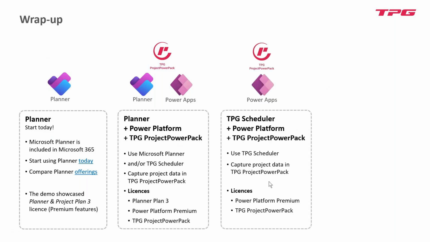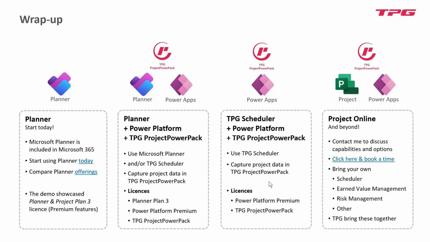Like I said, we've got some customers who just use our TPG scheduler product. So we're going to talk about that in the next webinar and delve a bit more into the Project PowerPack, Power Apps, Power BI. And then if you're using Project Online, exactly the same. You can continue to use Project Online.